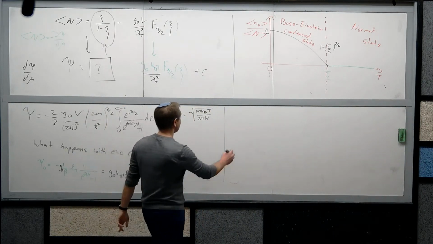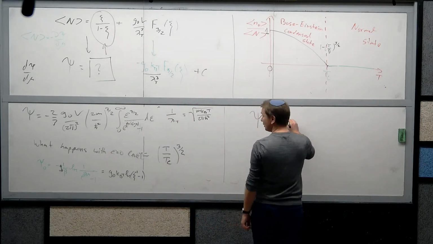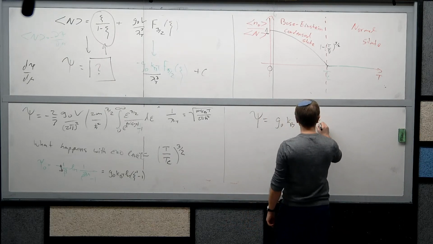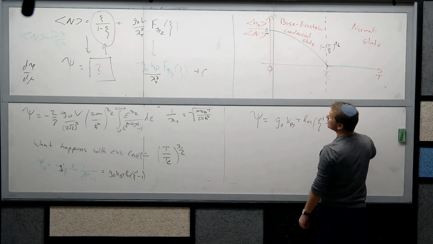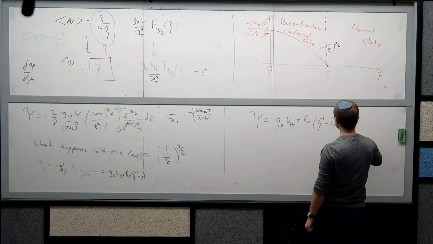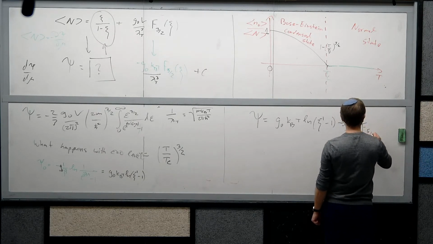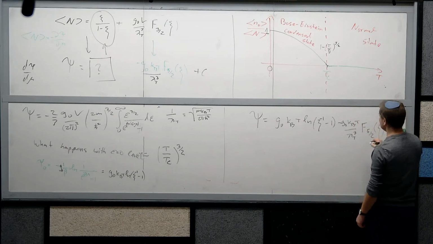So now, psi, total psi, is G0 k Boltzmann T log of fugacity to the minus 1, minus 1, minus G0 k Boltzmann T divided by lambda_T to the third, times F 5 halves, so this is the polylogarithm of 5 halves of the fugacity.